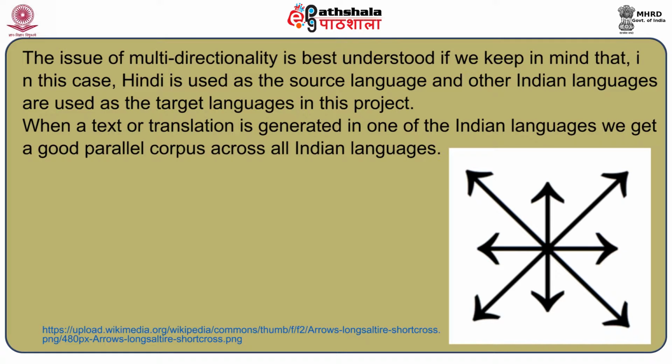The issue of multidirectionality is best understood if we keep in mind that Hindi is used as a source language and other Indian languages are used as target languages in this project. So when a translation is generated in one of the Indian languages, and at the same time the Hindi sentence is translated into other Indian languages, we get a good parallel corpus across all Indian languages.